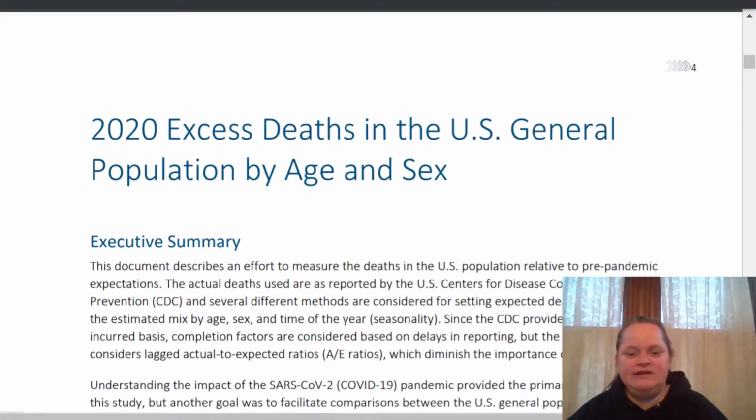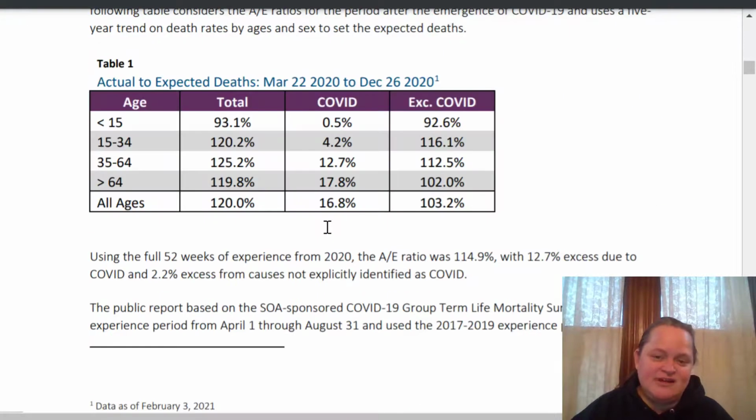What's the takeaway? What do you need to know about this? One thing you really need to know, because people keep trying to minimize this mortality impact: mortality was raised for all of the adult groups for 2020 in that period that COVID was around.